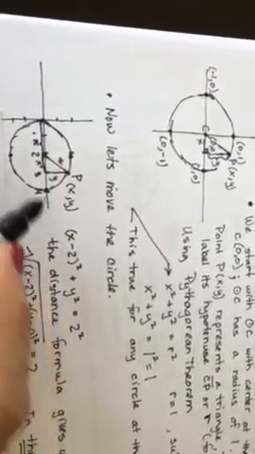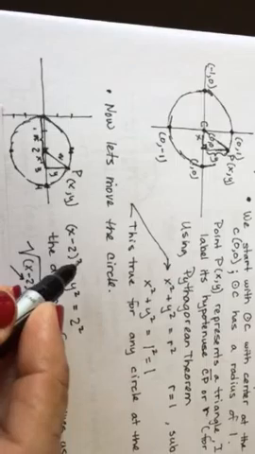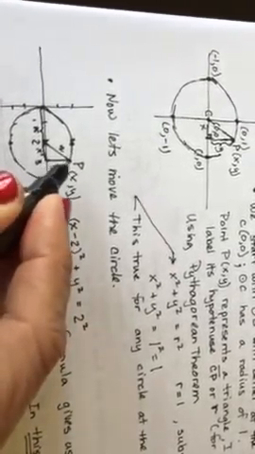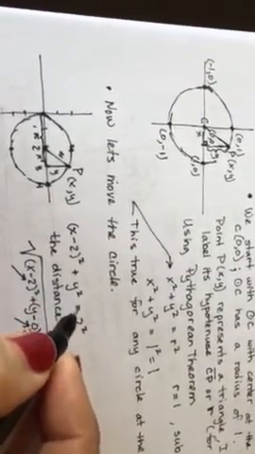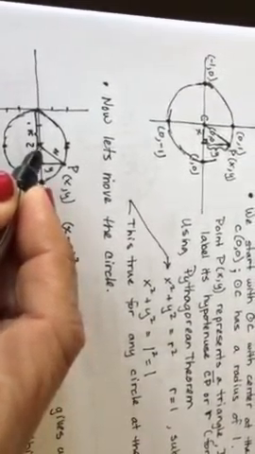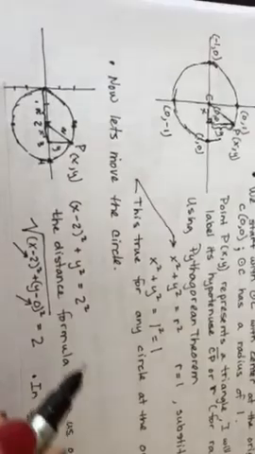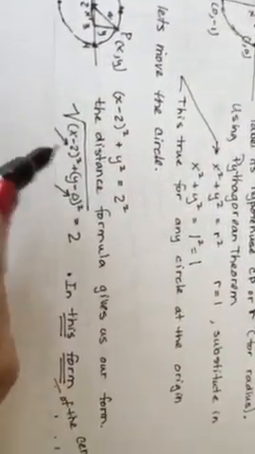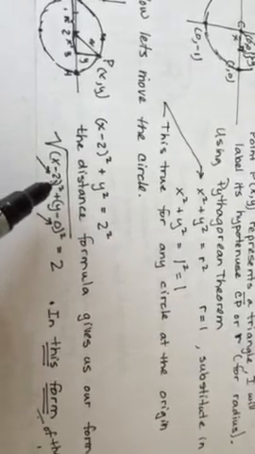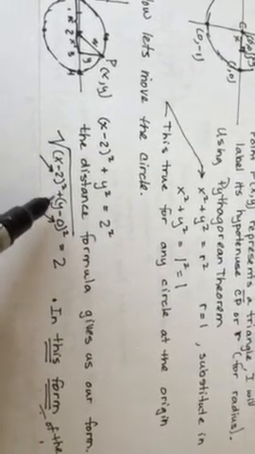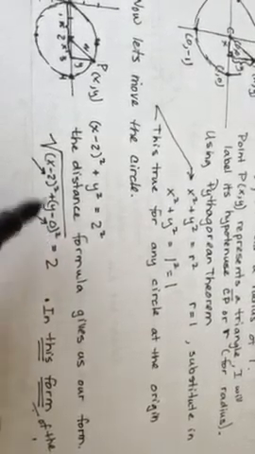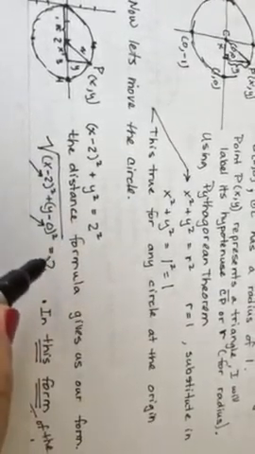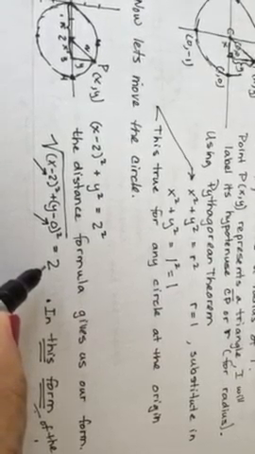So (x minus 2) quantity squared is this length, plus this is y, and I don't have to subtract anything, y squared equals, and we were told that the radius was 2, 2 squared. So with the distance formula, I'm going to go ahead and put the 0 in. The square root of (x minus 2) quantity squared plus (y minus 0) quantity squared equals 2.